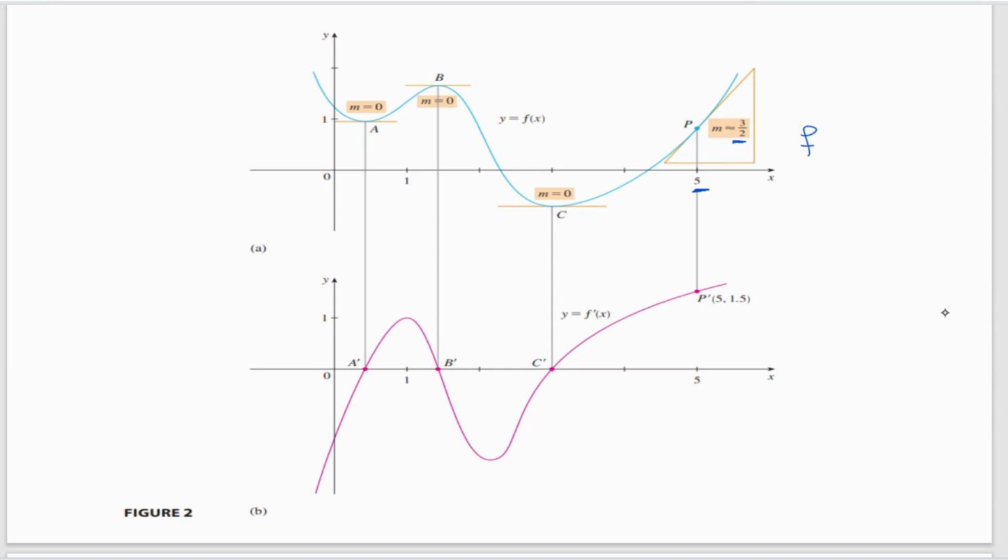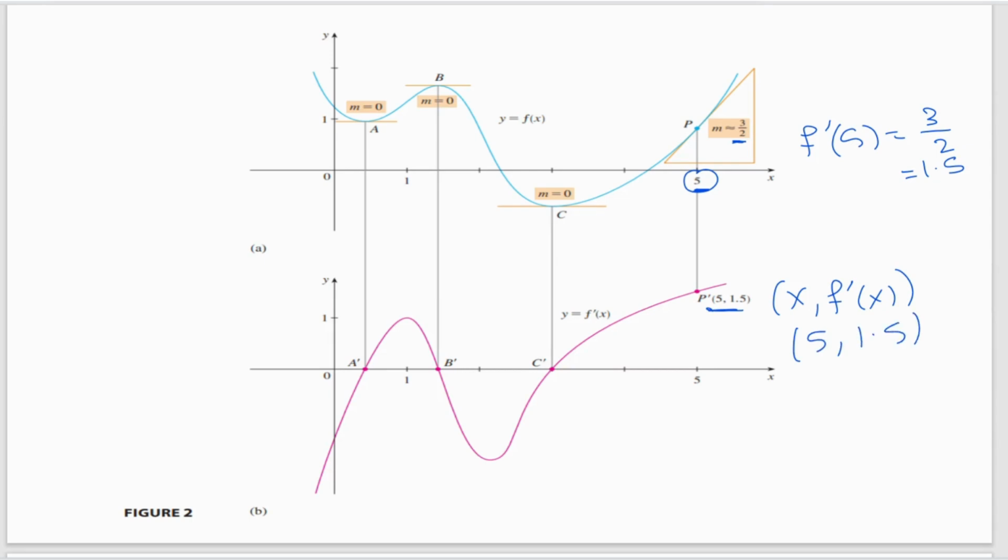So we can see that the derivative at x equal 5 is equal to 3/2 or 1.5, and this will allow us to plot this point in the graph of the derivative of the function directly here. This point will be x and f prime of x, so it will be 5 and 1.5 or 3/2.